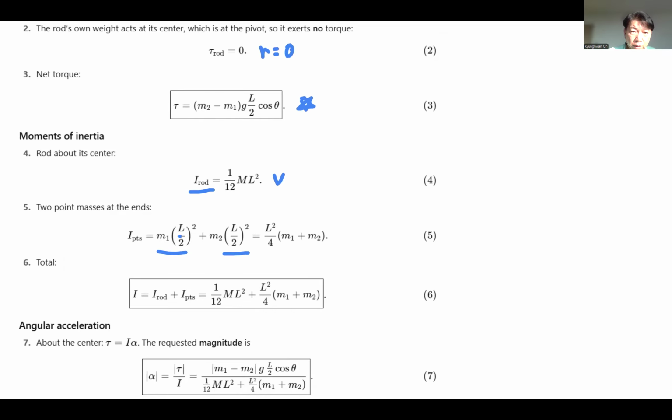The total moment of inertia is given by this one. Since we know tau and I, using Newton's second law, tau equals I alpha, we can find alpha.